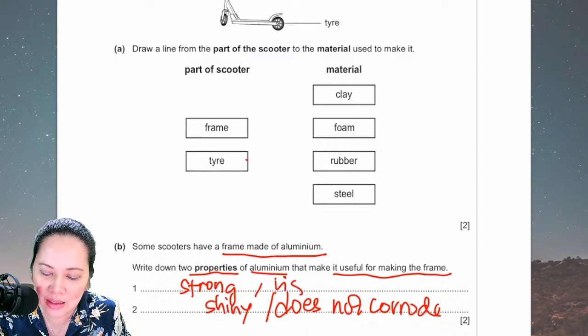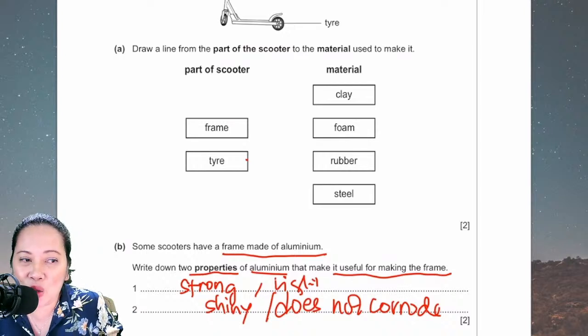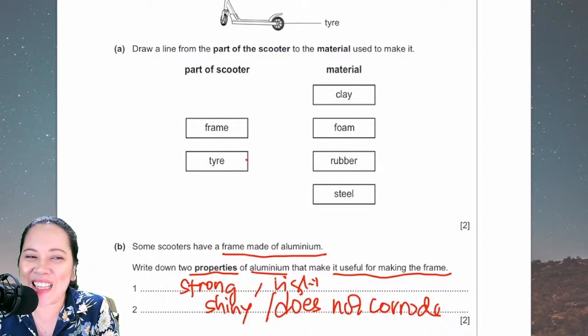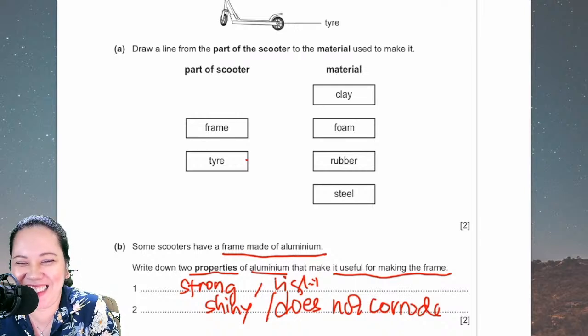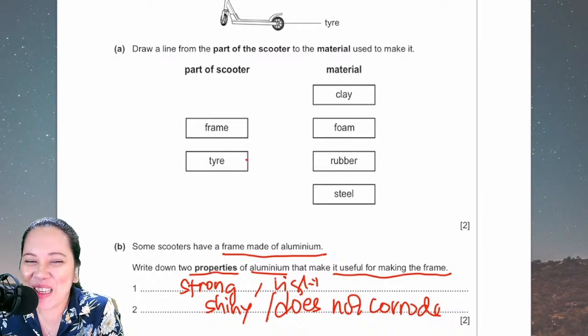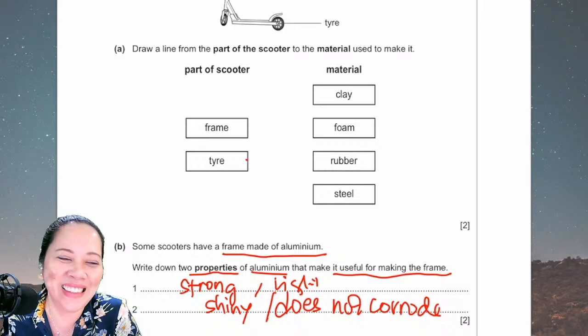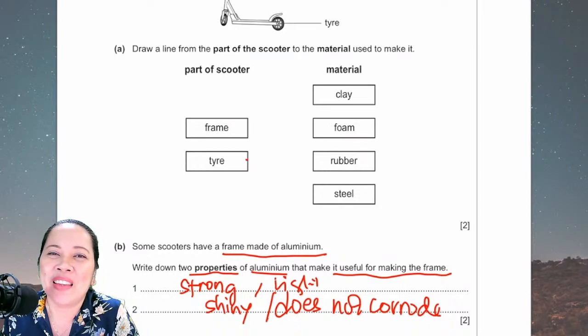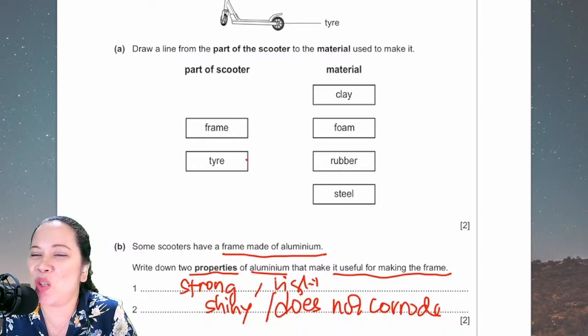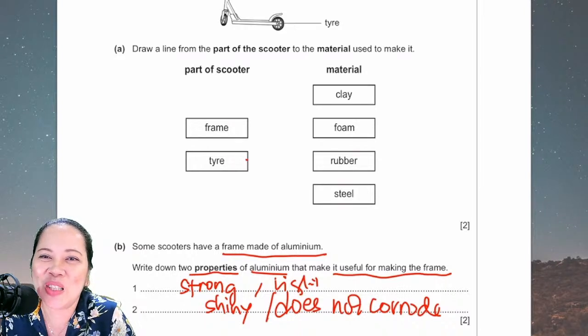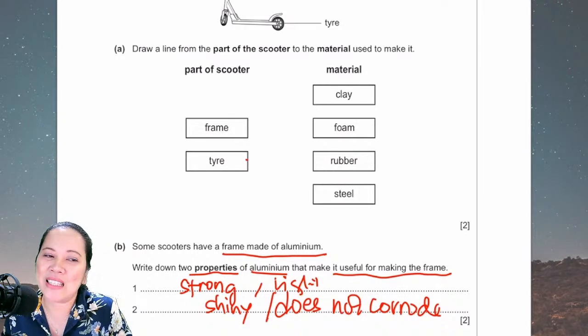Yes, that's right. If it is too heavy, you will be faster than your frame. You will go faster than your frame if it's too heavy. Pushing yourself would be better than pushing the scooter. Yes, that is correct.